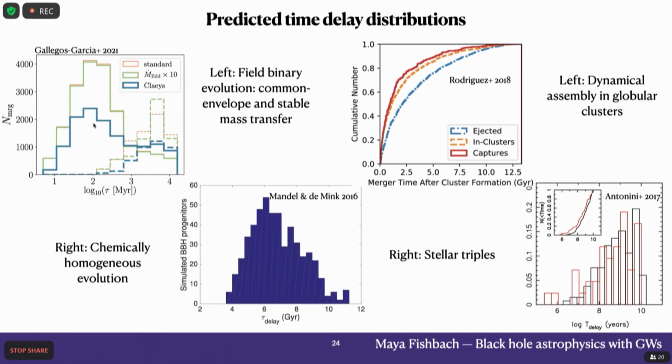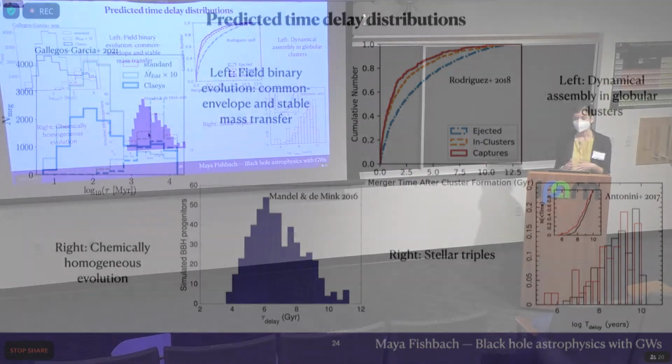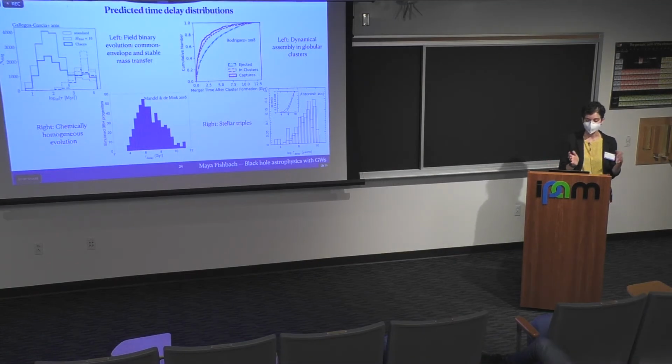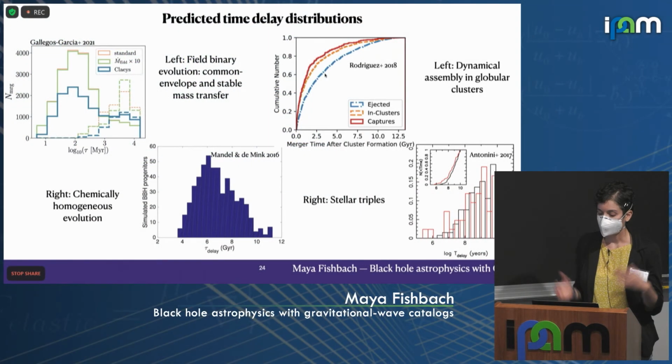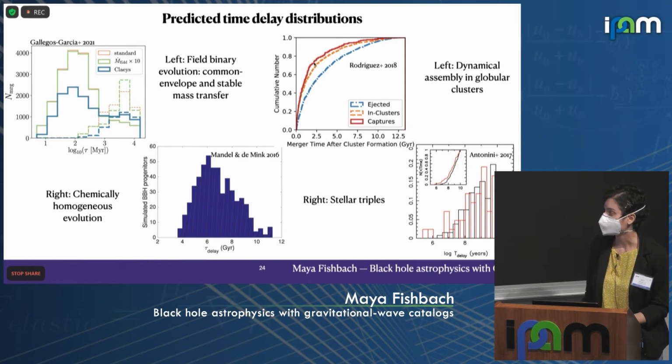shorter delay times than stable mass transfer, for example, and we're still not sure, even within isolated binary evolution, whether systems are assembled through common envelope or without common envelope, which is just stable mass transfer. Here is a plot showing the delay time distributions for dynamical assembly in globular clusters, and you can see even within globular clusters, systems that are ejected have longer delay times than mergers that happen inside the cluster.